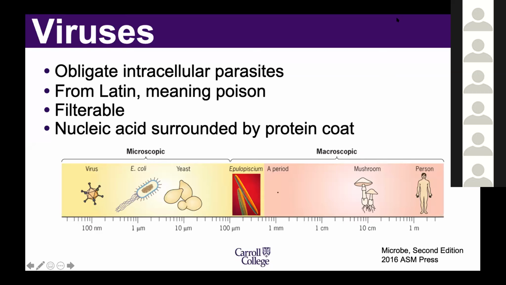As such, we consider viruses to be obligate intracellular parasites. Viral size is variable, but is generally measured on the nanometer scale. So we're talking about the leftmost side of the ruler here, where 1 nanometer is equal to a billionth of a meter.